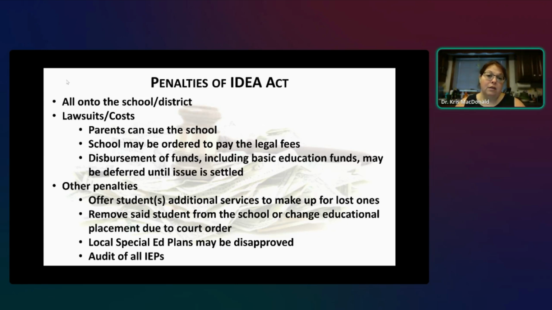Another thing that can be done is the decision of the court is by court order that student would be removed from the school district and placed elsewhere or put in another school. And the reason why that falls under court order is if a student in the United States is going to private school, which means the parents pay the tuition for K through 12, the student can go anywhere they want.